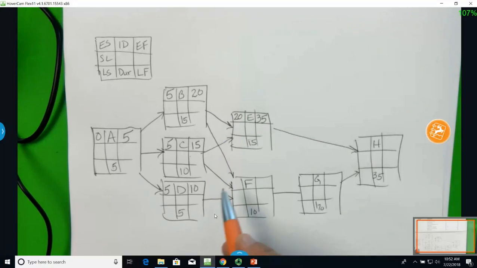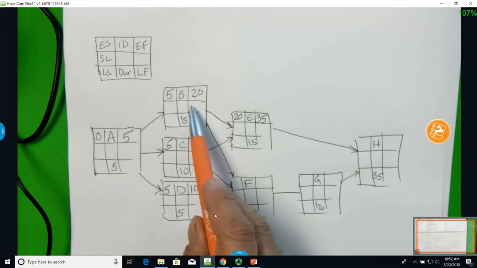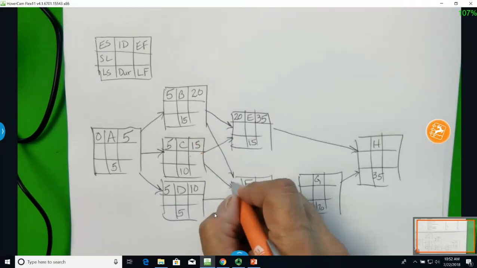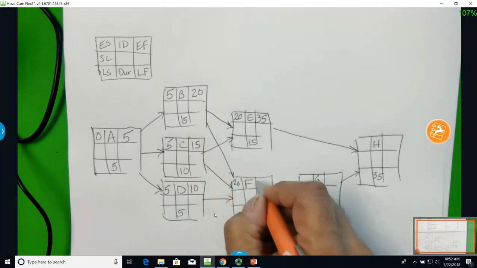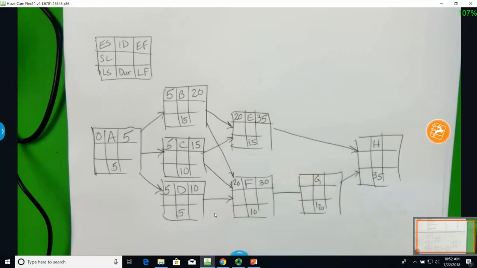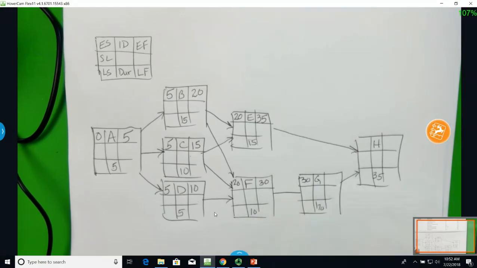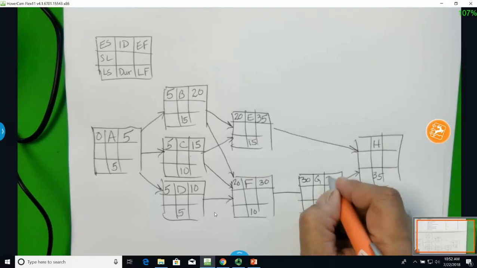F can't start until all 3 of these are done. Well, if I wait for the longest one, again it's 20. So now I have that plus 10. So now F is done at day 30. So I can move 30 over to G. So 30 plus 170 is 200.